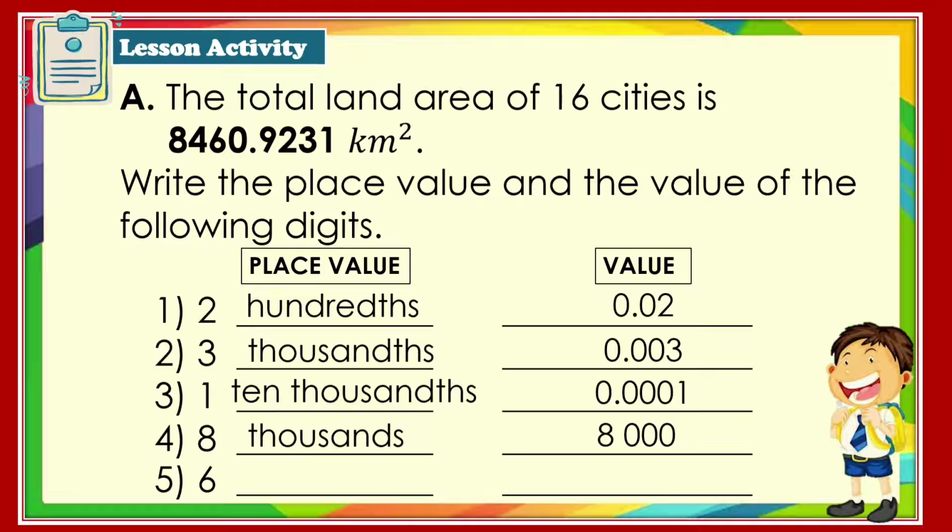Whole number, because 8 is in the whole number part. Number 5, the number is 6. What is the place value of 6? That is the second digit to the left of the decimal point. So that is tens. And 6 times 10? The answer is 60. And that is the value of 6.